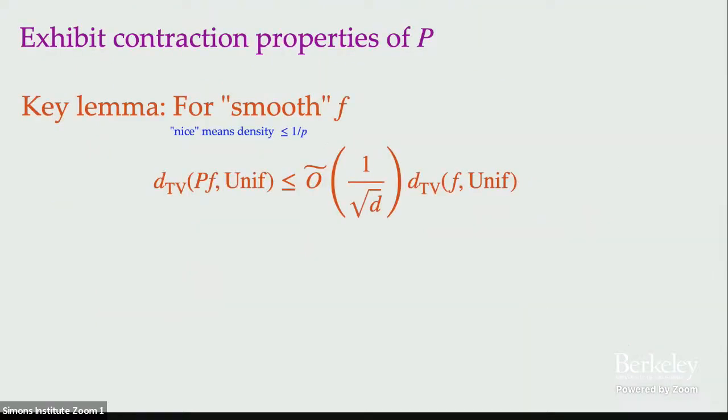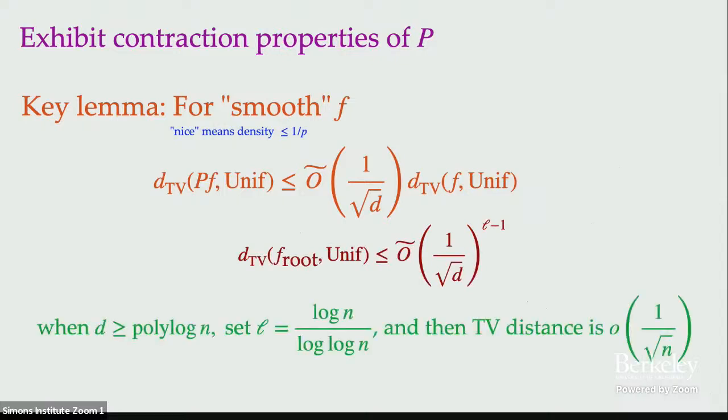And also using a similar optimal transport result, we can show that by applying P to F, you contract the TV distance by a factor of 1 over square root D. And with our choice of L, this can be made little o of 1 over square root N. So essentially, the root vertex distribution is really close to uniform as a result.